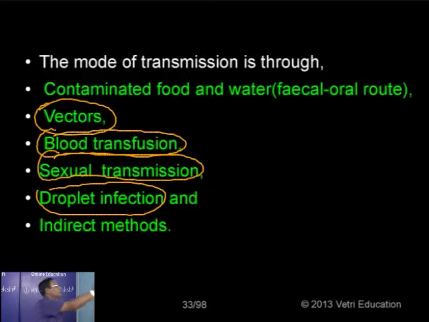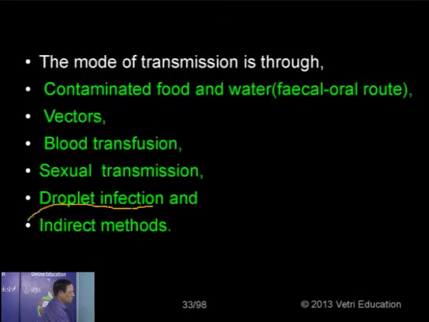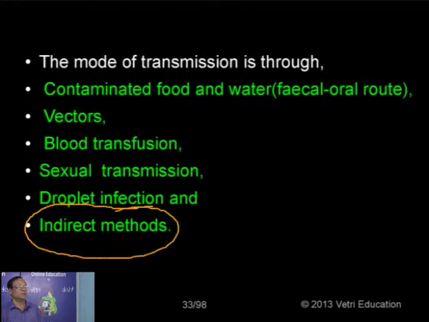In addition to these direct agents, we also have some indirect agents. The methods are called indirect methods. For example, common cold is transmitted because of the use of the handkerchief of an infected person, so because of the use of an object used by the infected person. There are certain things that transmit the disease.